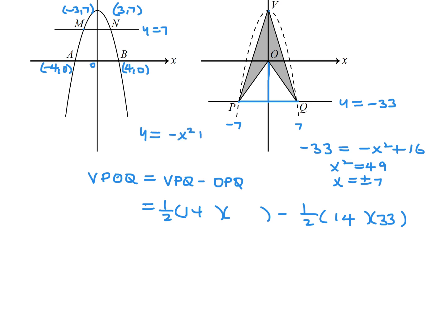When x is 0, y is 16. So that's 16 up there. So that means that the top to bottom would be 16 plus 33, so that's 49. So there you go. This looks like 7 times 49 minus 7 times 33. So factor out the 7, you get 49 minus 33, and that's 16, so 7 times 16, which I believe is 112.